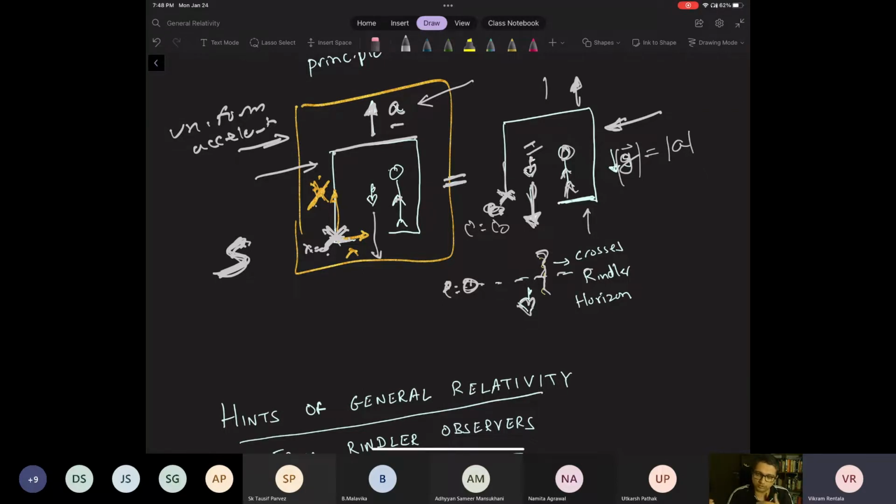That's something you don't expect in Newtonian mechanics. Now we're using the fact that a uniformly accelerated reference frame is exactly equivalent to a uniform gravitational field. You cannot tell the difference between the two things.